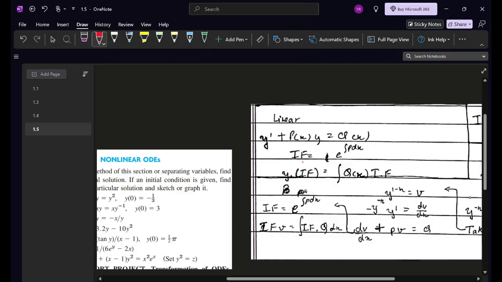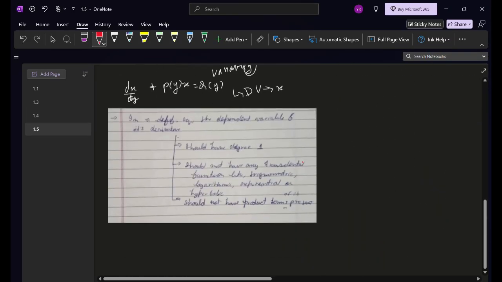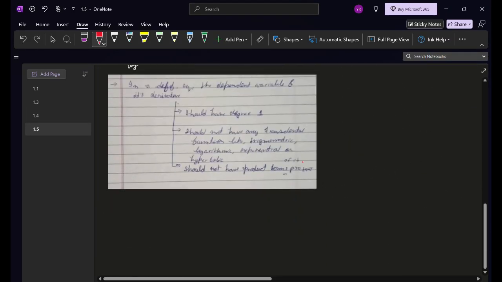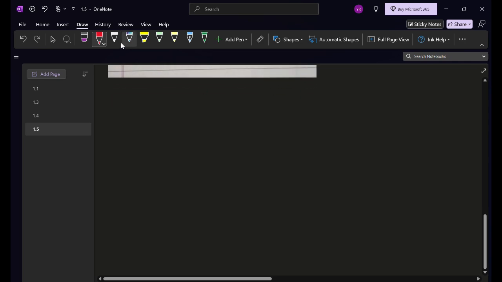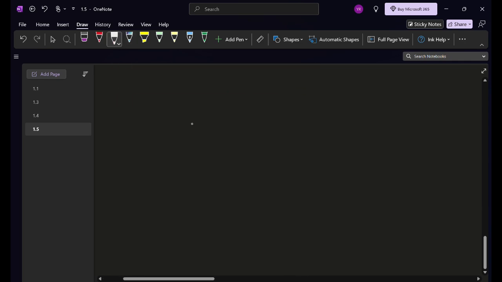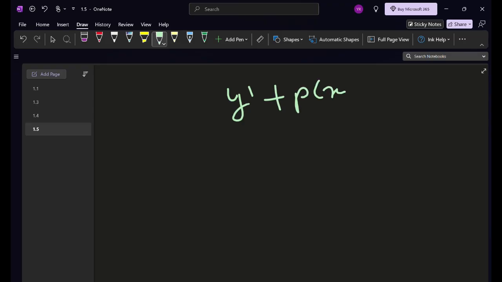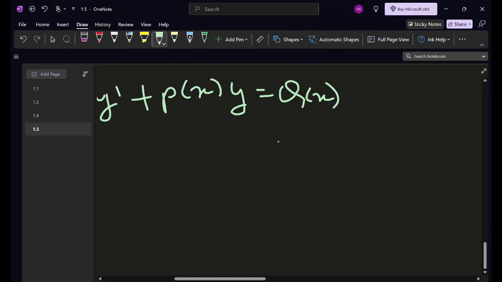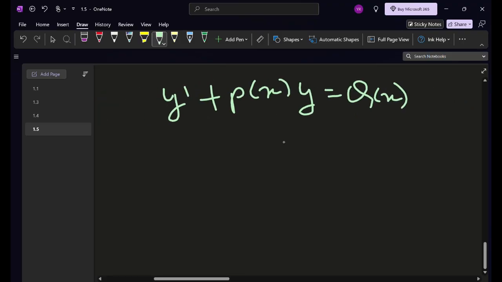So to solve a linear ODE, suppose this is our equation: y' + p(x)y = q(x). So this is our linear equation. Now for the p term given over here, we have to find an integrating factor.